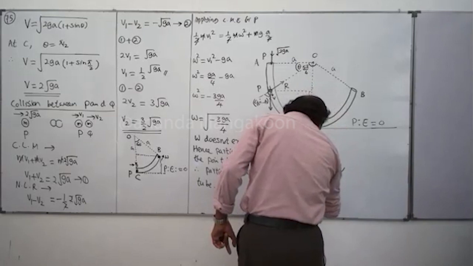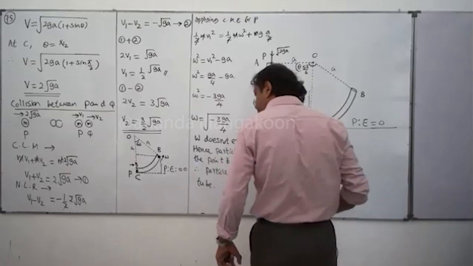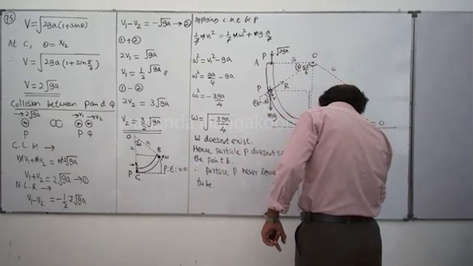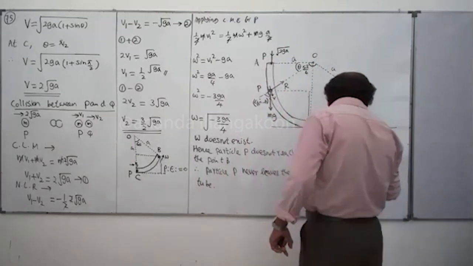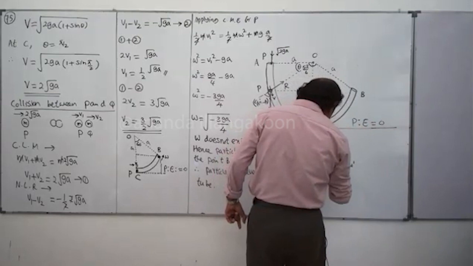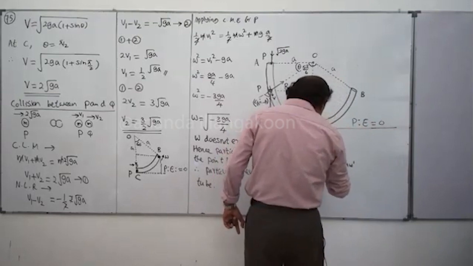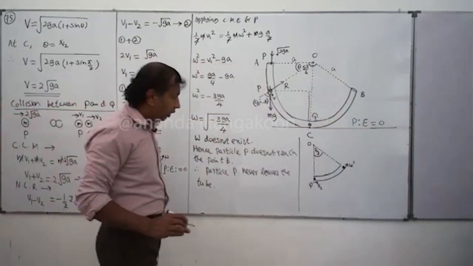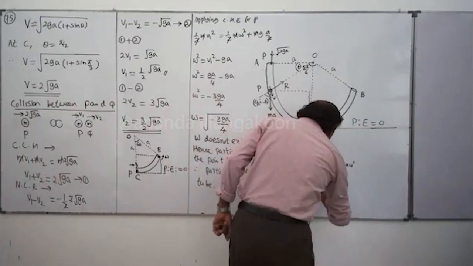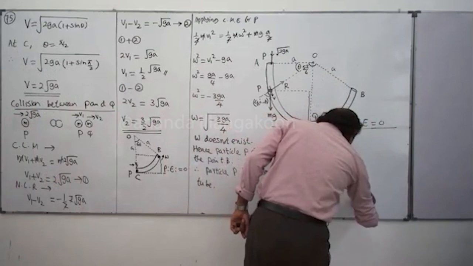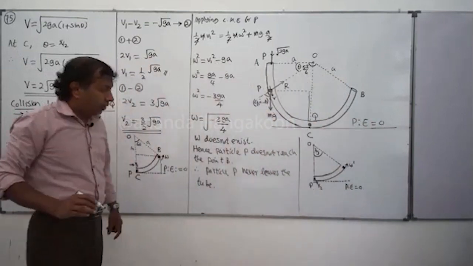Q here moves with velocity V2, and comes here with velocity W dash. Now applying conservation of mechanical energy, again you can find this W dash. This is the potential energy zero level.